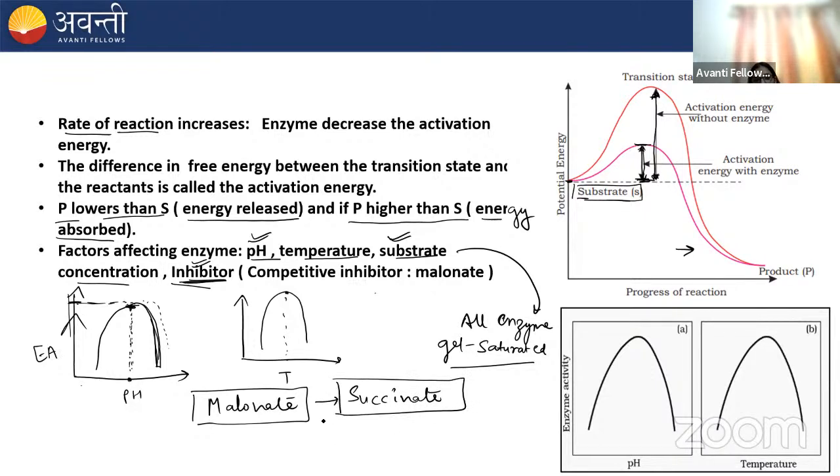And the enzyme which malonate inhibits is succinic dehydrogenase. Okay. So competitive inhibitors are those inhibitors which mimic the structure of the substrate. The structure of the substrate and the inhibitor are the same. So there is a competition, as the name suggests, competitive. There is a competition between the substrate and the inhibitor for the active site of the enzyme.